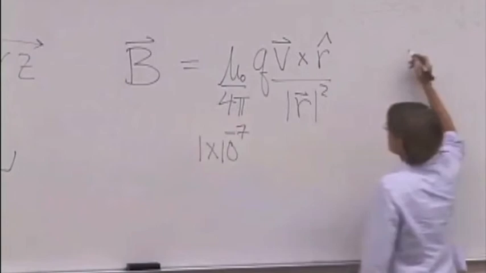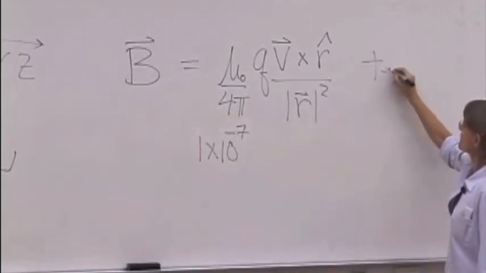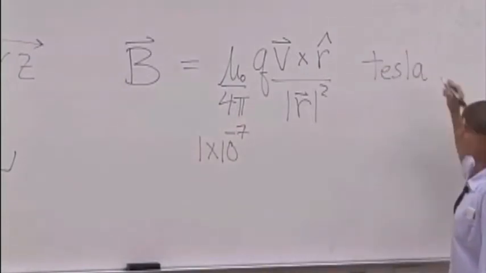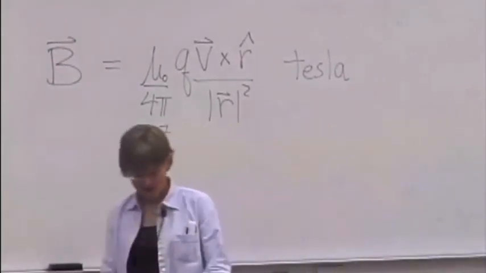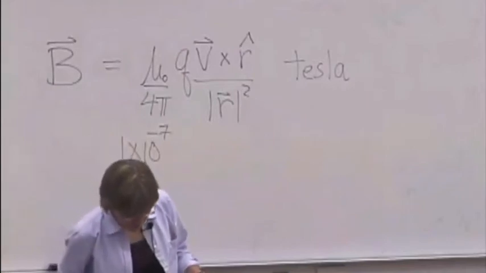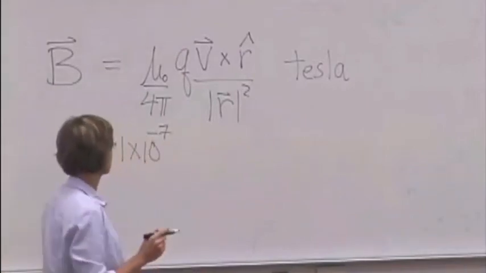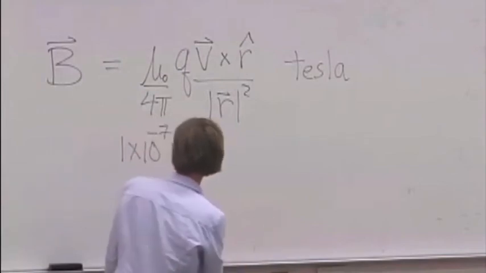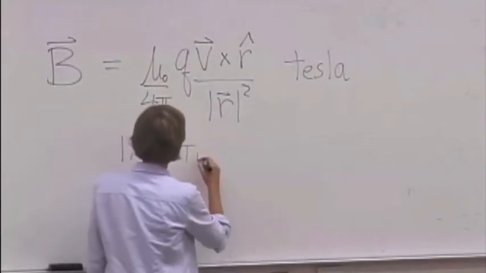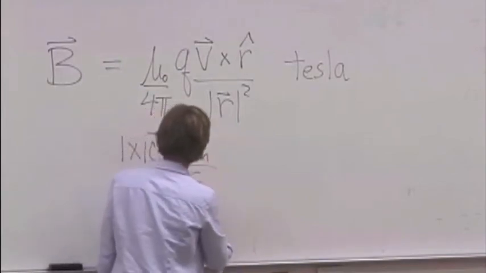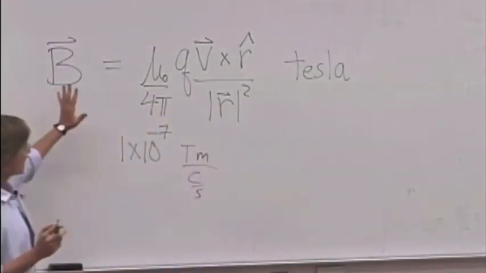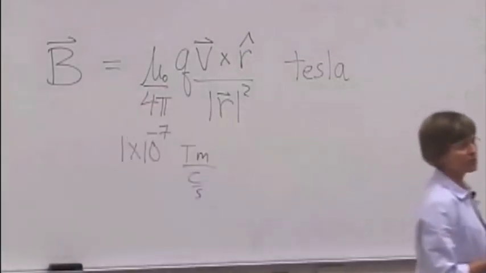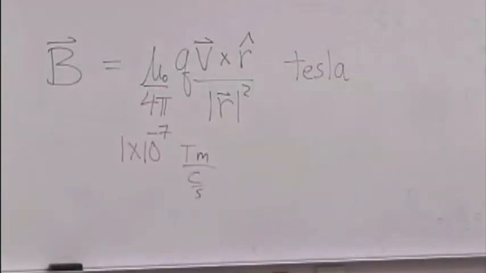And the units of magnetic field are Tesla. And so the units of that constant are going to be Tesla meters per Coulomb per second. And that gives us the magnetic field due to a moving charged particle at some location.